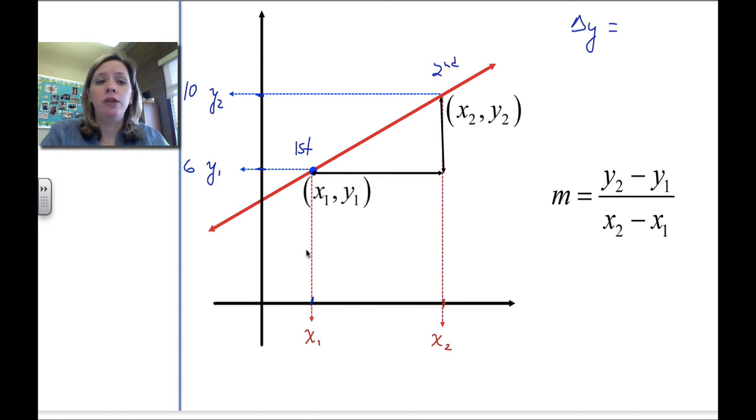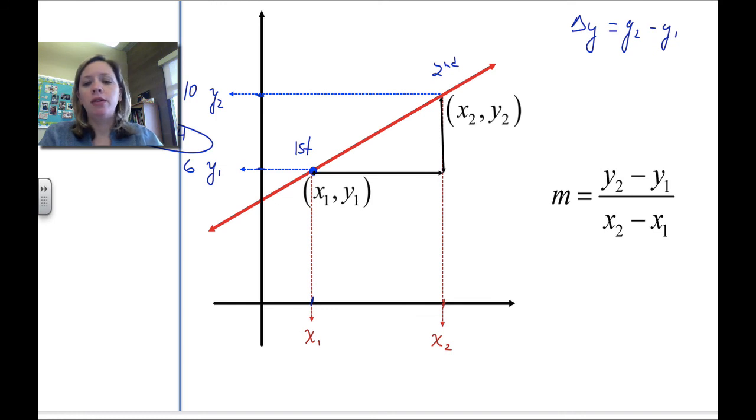Well, they changed 4 units. I know they changed 4 units because 10 minus 6 is equal to 4. So that's how we can figure out what the change in the y values is. We're going to subtract y2 minus y1. We're going to subtract those two y values.